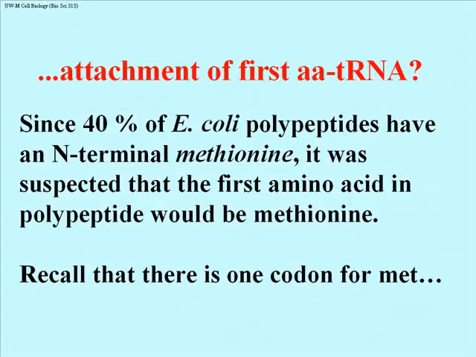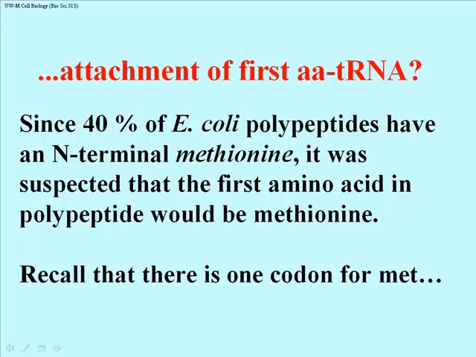But amino acid sequencing of a number of E. coli polypeptides, enzymes, and other proteins revealed that of the ones that were sequenced, 40%, which is a large number, 40% of these all had methionine at the amino terminus of the polypeptide. You'll remember from our discussion of protein structure that polypeptide chains have an amino and a carboxyl terminus. Well, methionine was found at the amino terminus of about 40% of E.